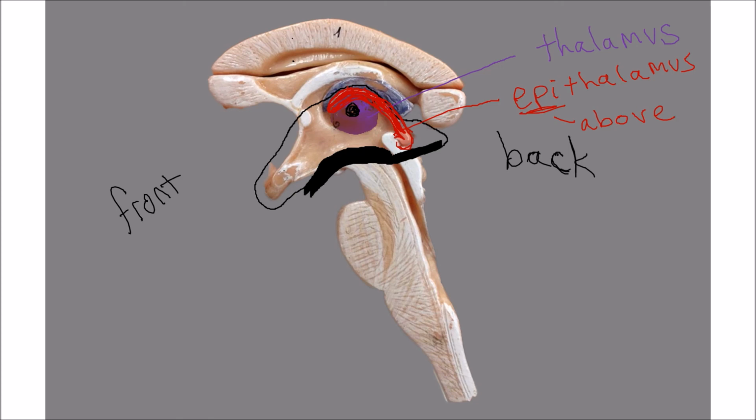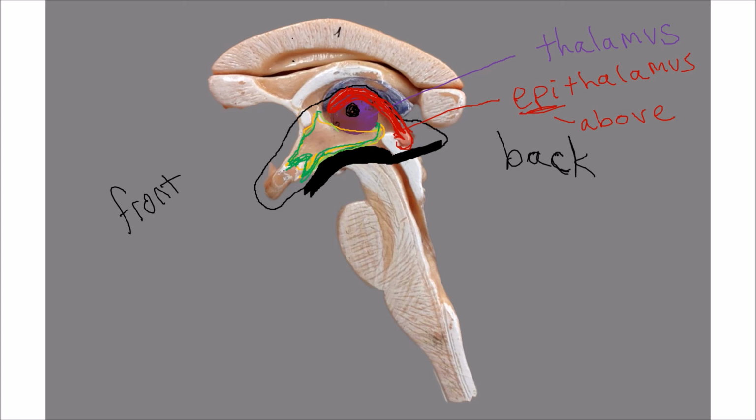Now below the thalamus, there's all this tissue down here, and it comes out to the left in this big triangle. If you look at this triangle here that I'm trying to highlight, it looks like a lizard tongue. It looks kind of like this little lizard tongue because it's divided right there.